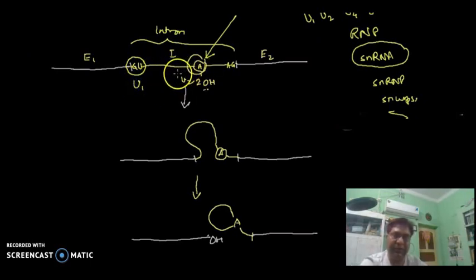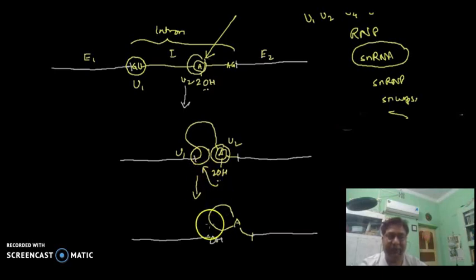After the binding of these two, they come closer and interact with each other, and the intron is folded like this because of that. The 2' hydroxyl group of the A site is brought closer to the 5' splice site, and it makes the nucleophilic attack over here.